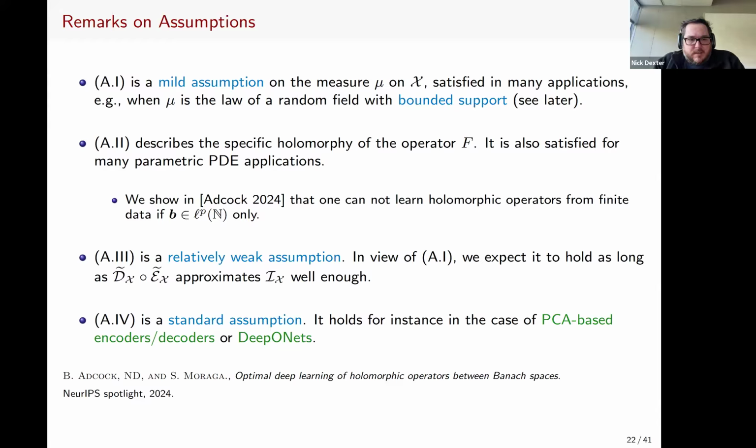And A3 here is a relatively weak assumption. In view of the first assumption, we expect it to hold as long as D tilde x composed with E tilde x approximates the identity on X well enough. A4 is a standard assumption. It holds, for instance, in the case of PCA-based encoders or decoders, or, for example, deep DeepONets. You can see more about this in this paper from 2024, Optimal deep learning of holomorphic operators between Banach spaces, which is what this portion of the talk is based on.